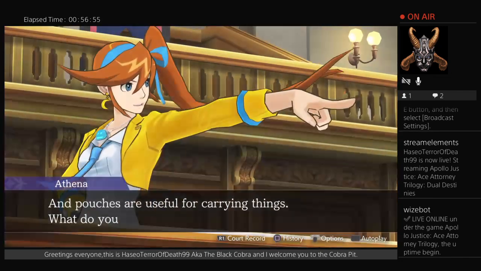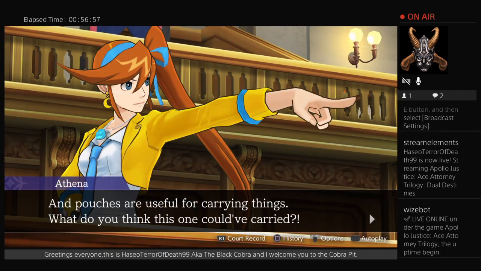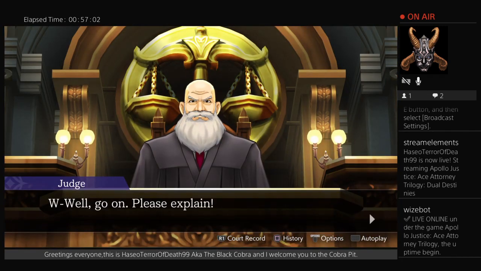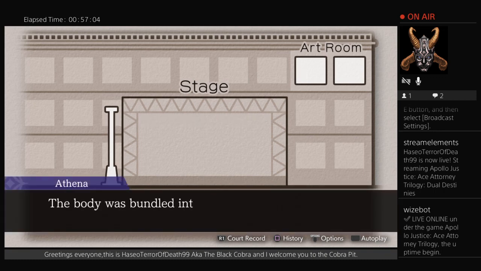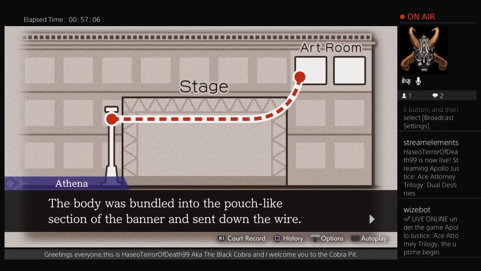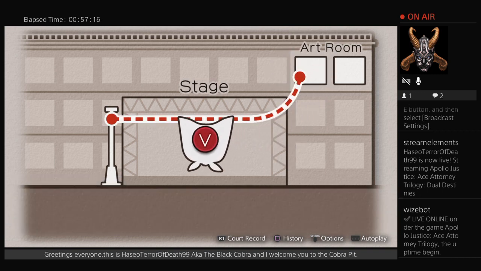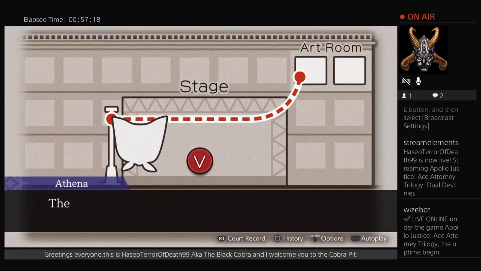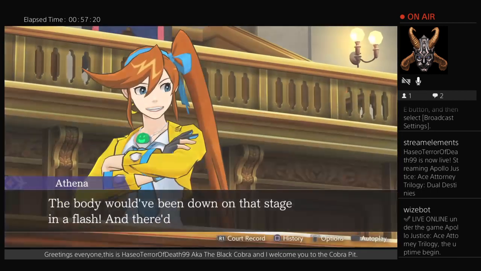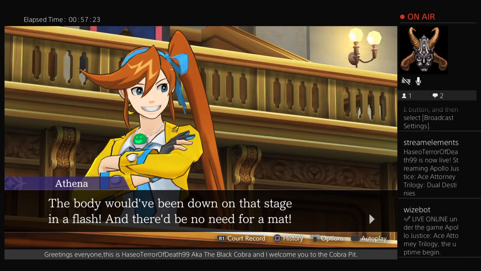And pouches are useful for carrying things. What do you think this one could have carried? Gladly, Your Honor. The body was bundled into the pouch-like section of the banner and sent down the wire. The body would have then moved down on the stage in a flash, and there's no need for a mat.